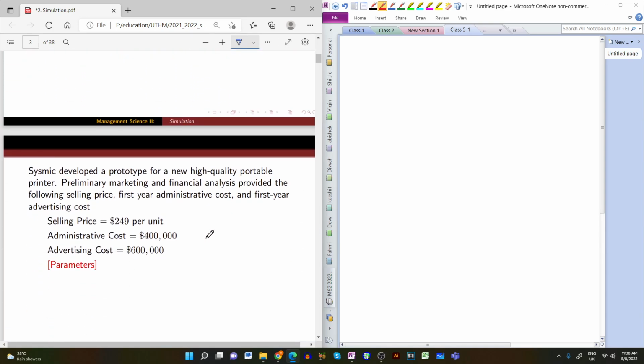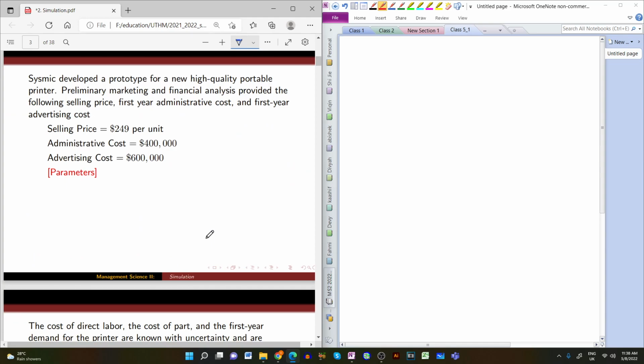Now look at this situation. Seismic is a company developing a prototype for a new high quality portable printer. So the new product is a printer.